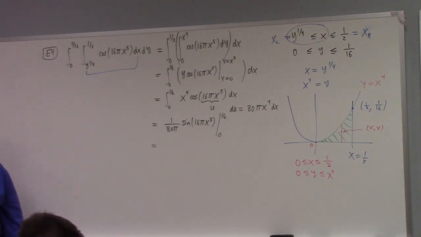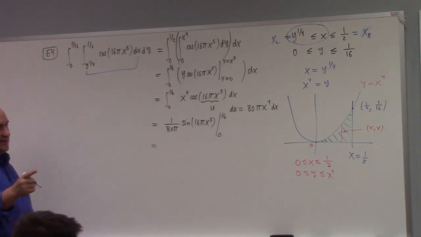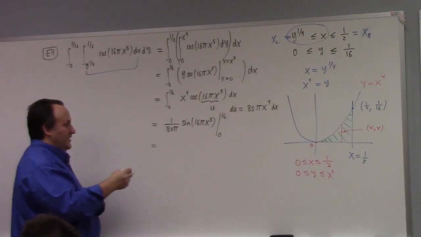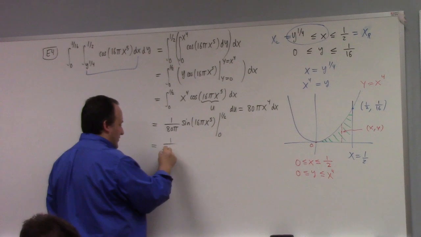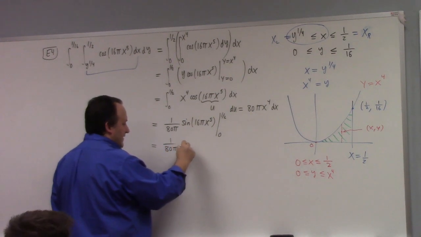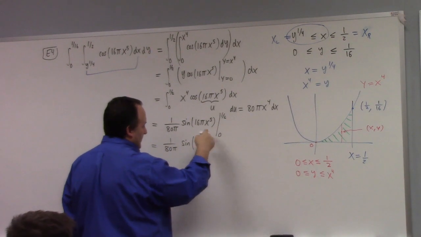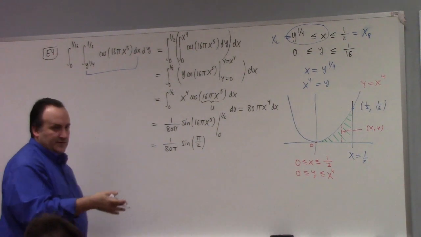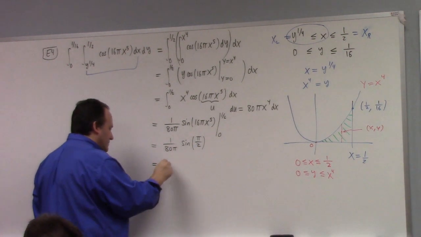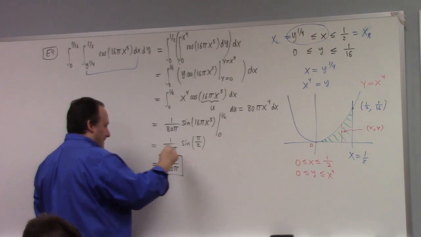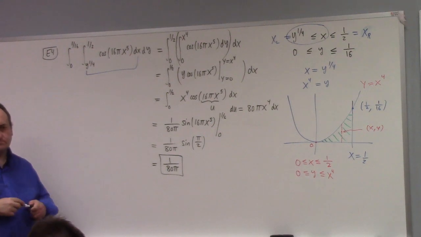I thought everything was going to vanish in front of me and just give me an integral of 0, but no. 1/2 to the fifth power is 1/32. 16 over 32 is pi over 2, and I think what you just said, Sam, was right. So I've got sine of pi over 2 after you work it out, right? And then the lower bound gives me sine of 0, which is nothing. So the answer is 1 over 80 pi. All right.